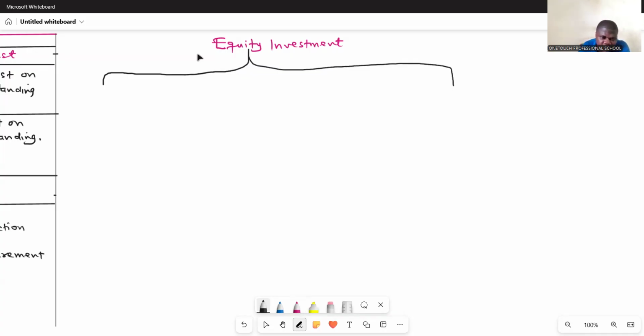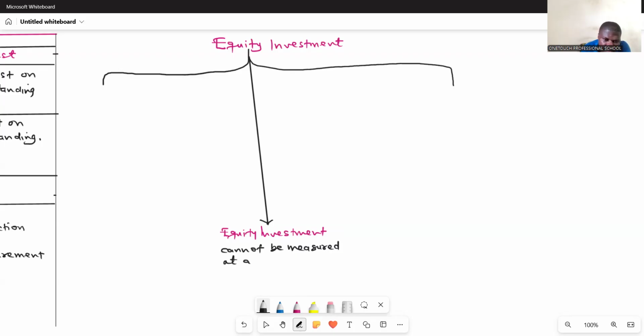Equity investment cannot be measured at amortized cost. Who can tell us why?